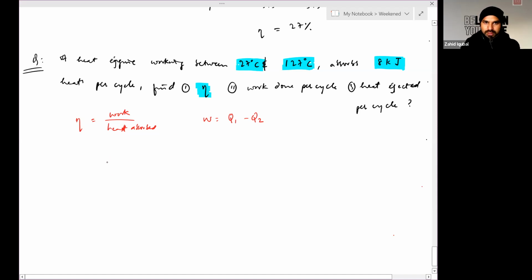We have lower temperature 27, so T2 will be 273 plus 27, that will be 300 Kelvin. T1 is 127 plus 273, so it will be 400 Kelvin.